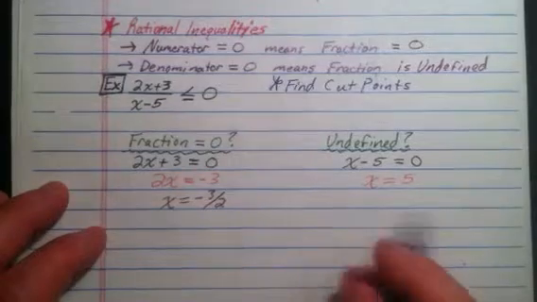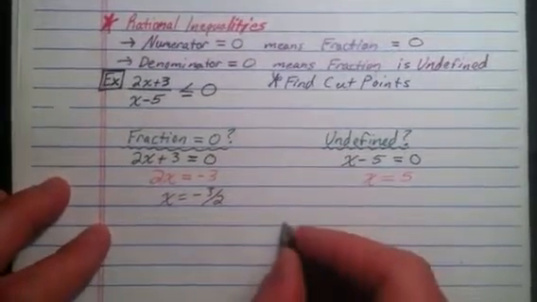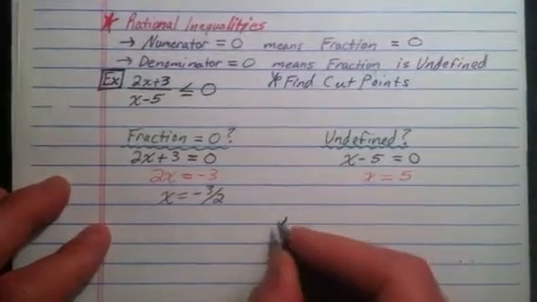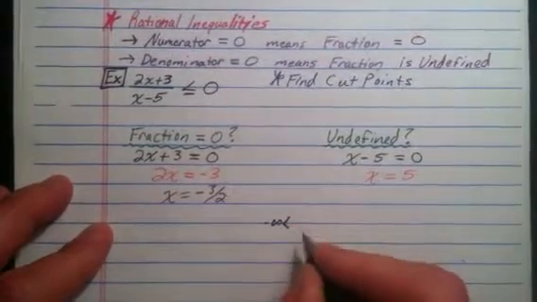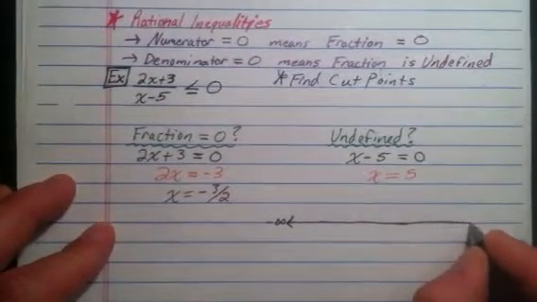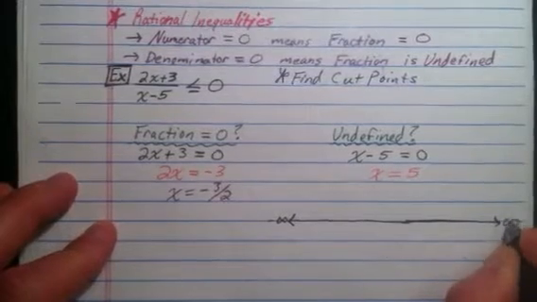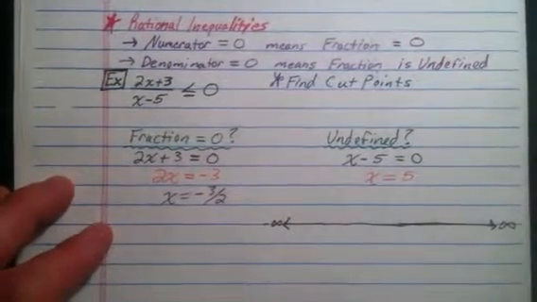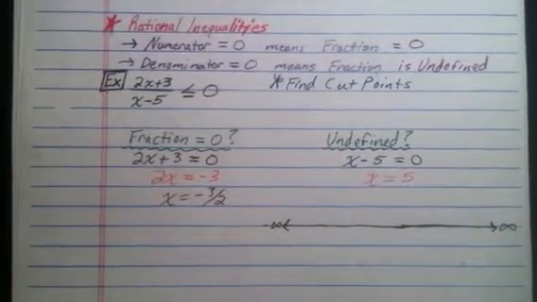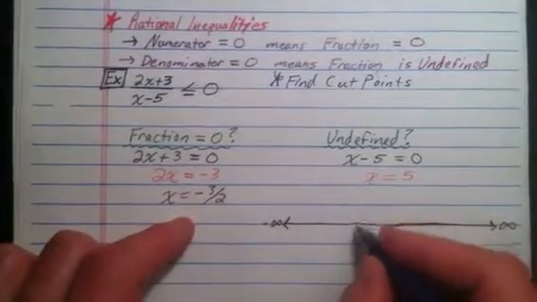Okay. So we want to draw in our number line. From negative infinity to positive infinity. Our two cut points were -3 halves and +5.